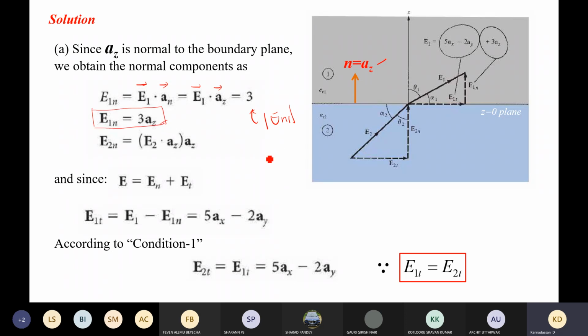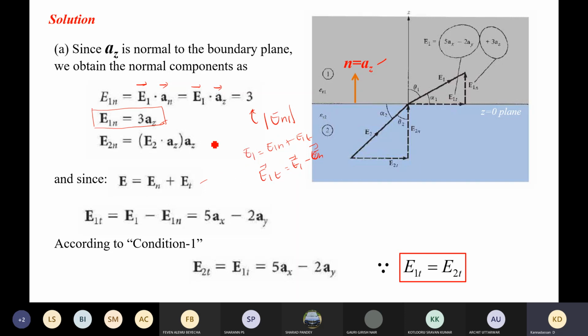And if you subtract this, we already know that E1 is nothing but E1n plus E1t. Therefore, E1t will be nothing but E1 minus the En vector. So this looks very childish, but you have to write all of them vectorially so that you need not worry about your calculations.